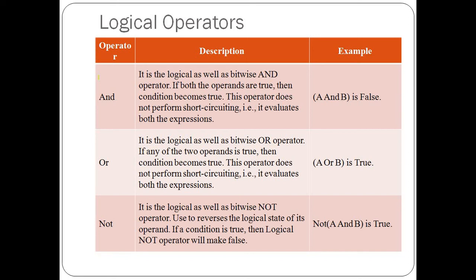Even if out of two, one condition is correct, it will display the answer. If out of 10 conditions, even one condition is correct, then OR will display the answer. But if you have 10 conditions and you are using AND, it makes it compulsory for all the conditions to be true, and only then will it display the answer as true.